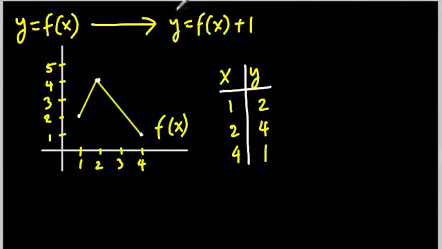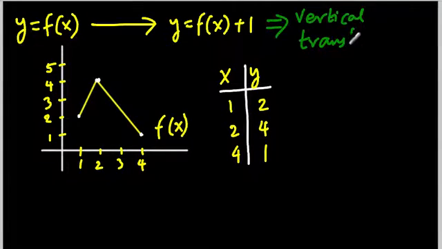The first thing we should do is write a geometric description. It's simply a vertical translation up by 1 unit, which means it affects all the y's but not the x's.